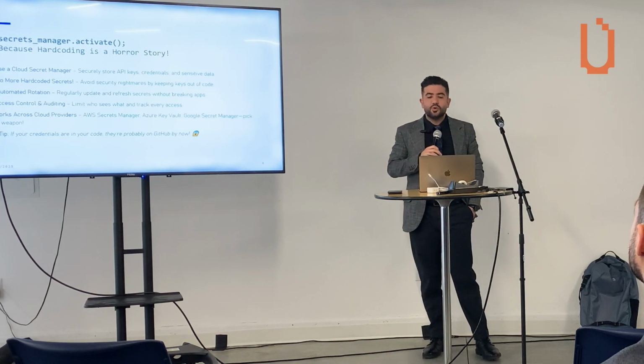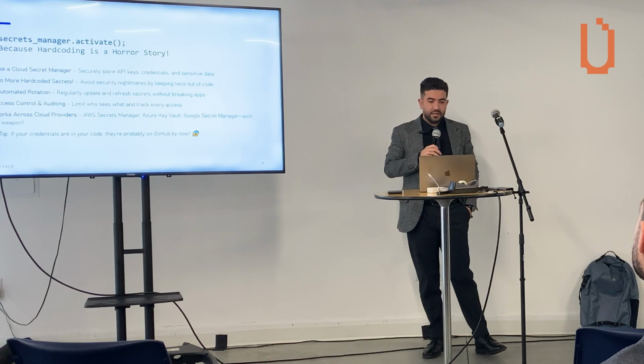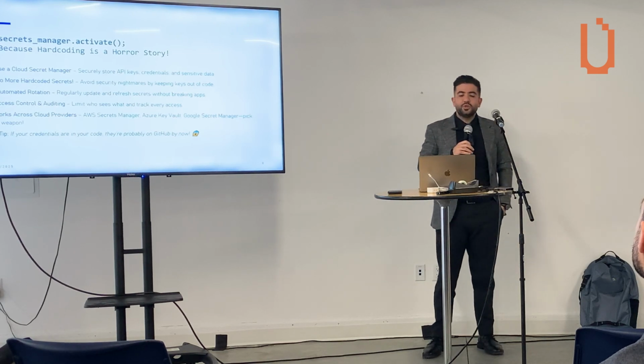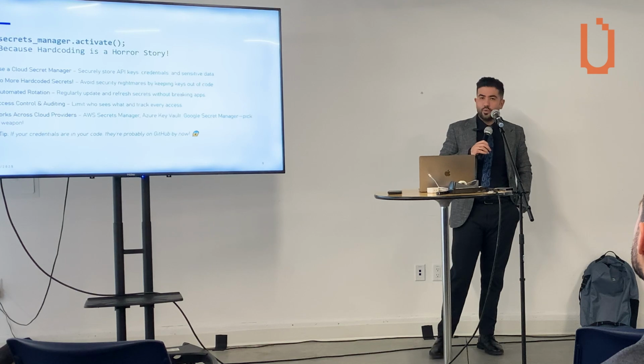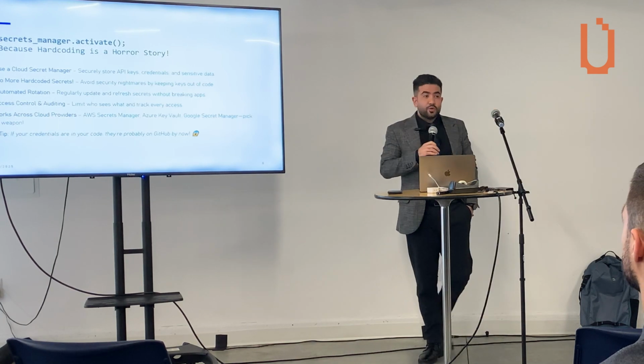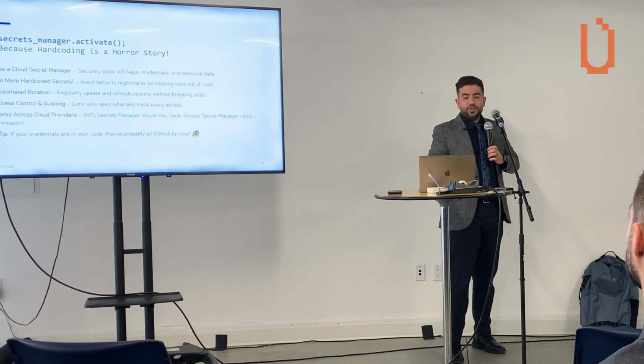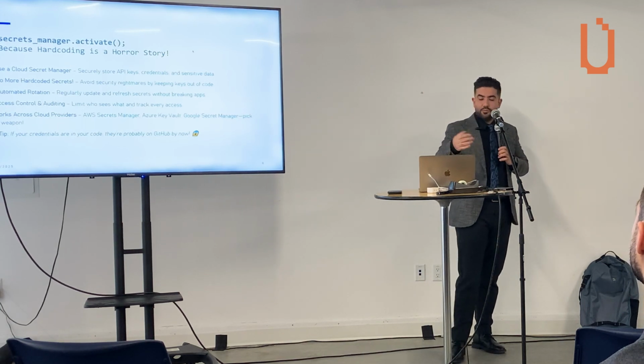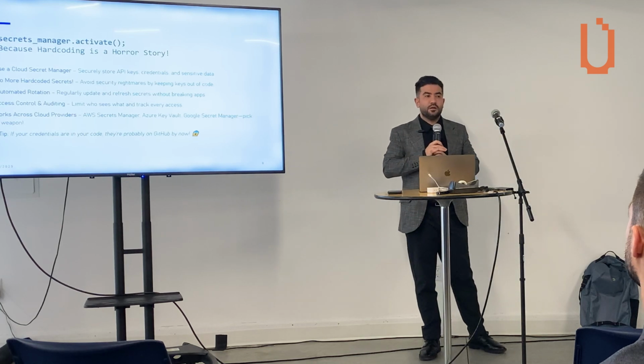Always securely store your API keys, credentials, and sensitive data. There shouldn't be any hard-coded secrets in your code anymore when you make it scalable. Automated rotation: when you use a secret manager, suppose I'm using AWS, you can have automated rotation.